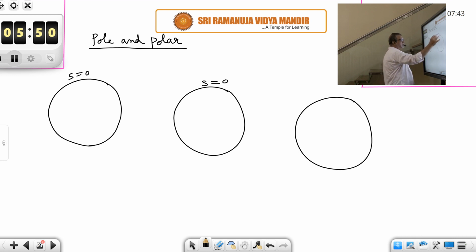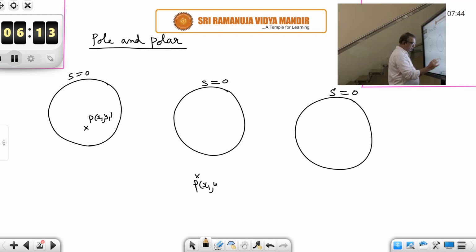First case, the point is inside the circle. Second case, the point is outside the circle. Third case, the point is on the circle.